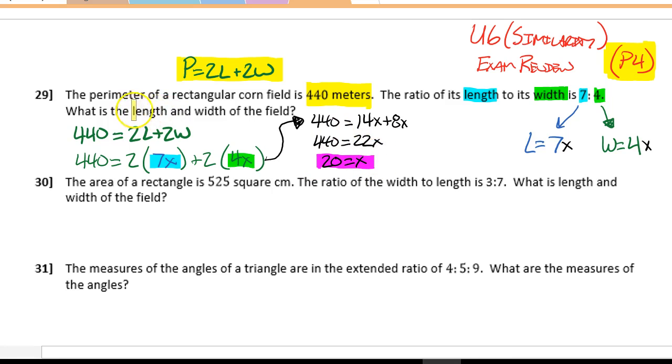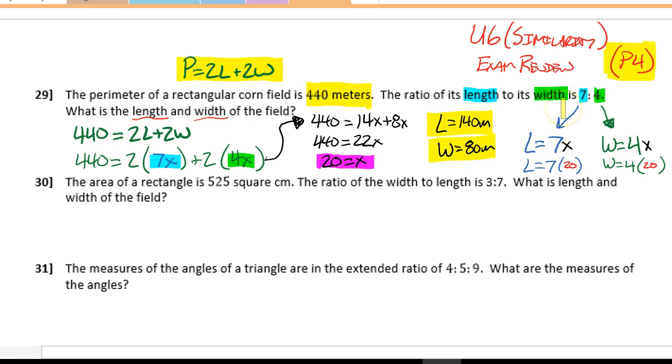Now, we were asked for the length and the width, so we're not done with just x is equal to 20. We need to substitute those values into the original expressions for length and width, giving us 7 times 20 and 4 times 20, which simplifies to a length of 140 meters and a width of 80 meters.